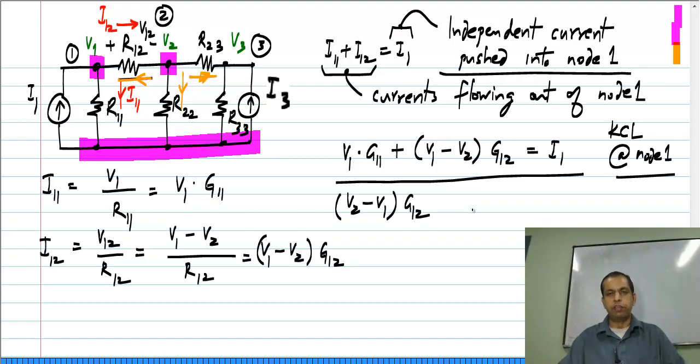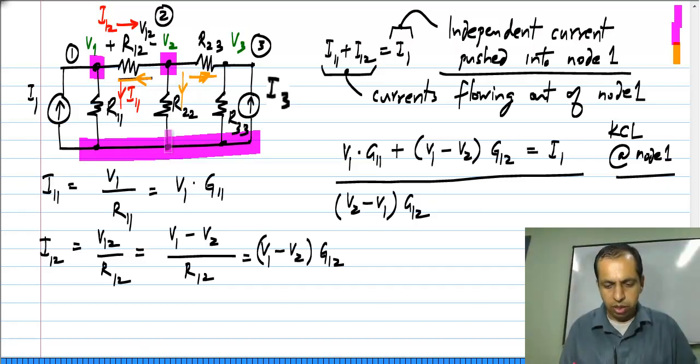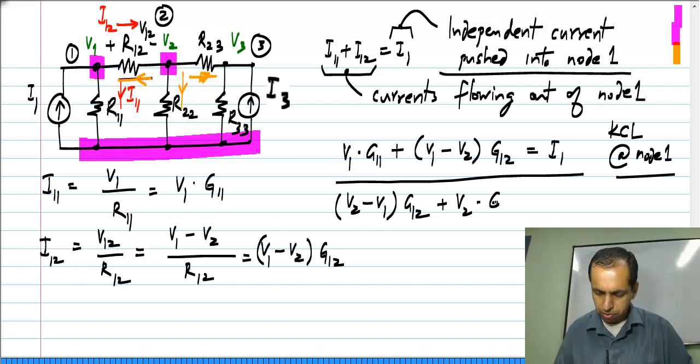And by definition, G12 is 1 by R12, G11 is 1 by R11 and so on. Okay. The current through R22 is nothing but V2 times G22, because V2 appears across R22. And finally, the current through R23 is V2 minus V3 times G23.